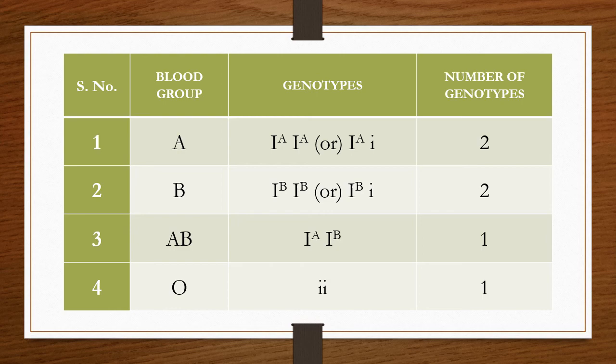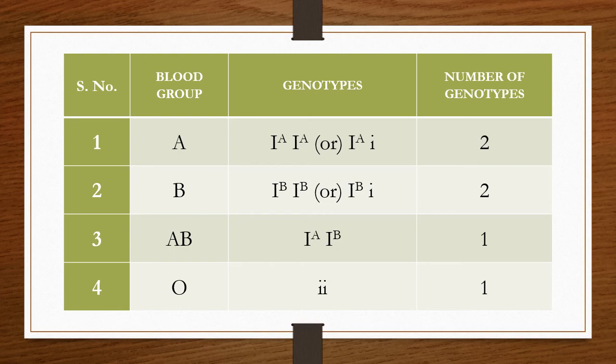In these blood groups, let's recollect the definition of multiple alleles: two different forms of the same gene control the same character. Let's see here.